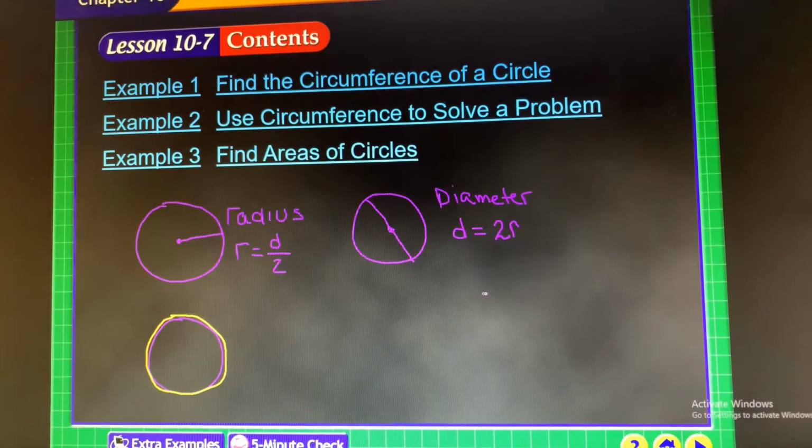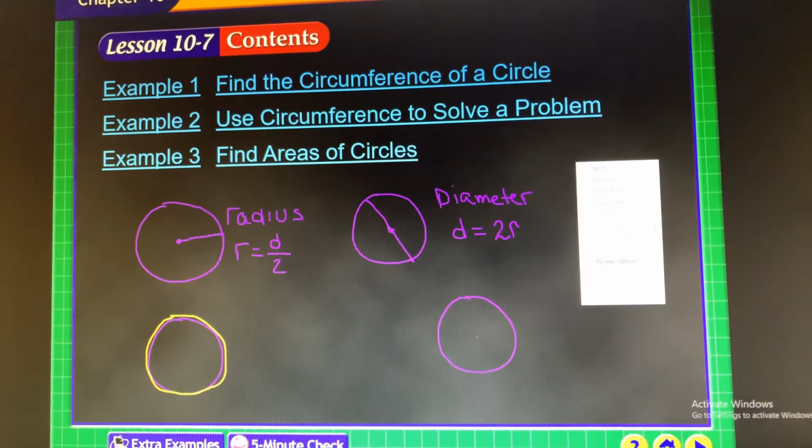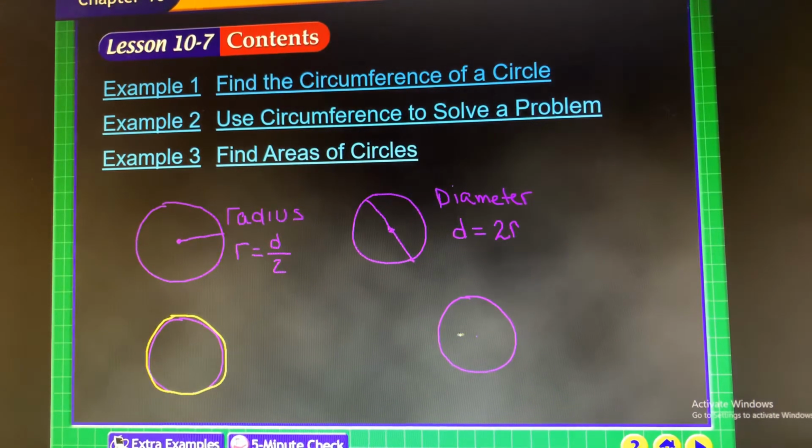So if I have my circle here, you got to admit, those are pretty good circles to do with a mouse. So in this case, if I'm talking about area, I'm talking about the inside. That's the area. So circumference right here is the outer edge.